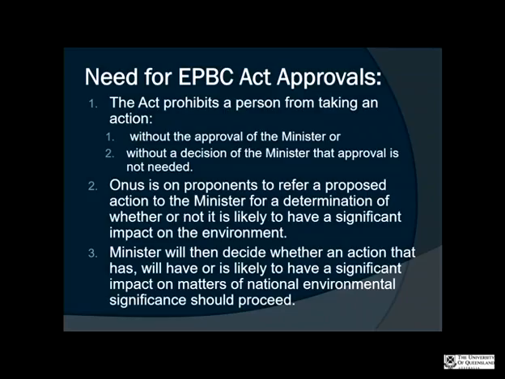But the person who has to make that decision on whether or not they're going to trigger an impact on a matter of national environmental significance is the person proposing to do the project.